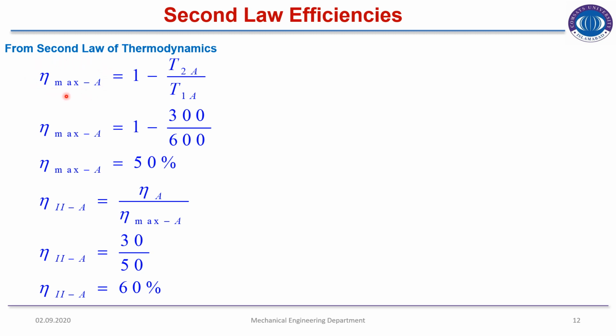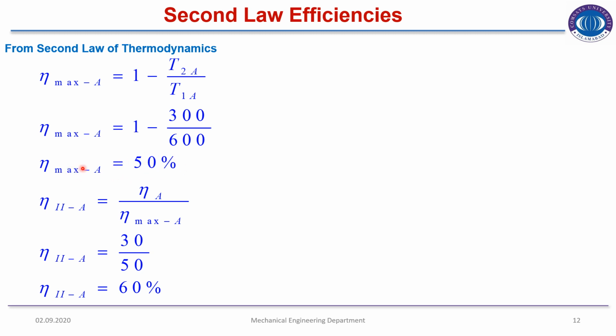So let's suppose heat engine A is a reversible heat engine, then it will have maximum efficiency. To calculate the efficiency of a reversible device, the formula is 1 minus T2A over T1A, or TL over TH. So maximum efficiency for heat engine A is 50%.